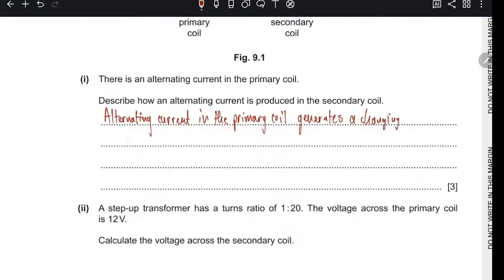An alternating current will generate a changing magnetic field. Please write that.